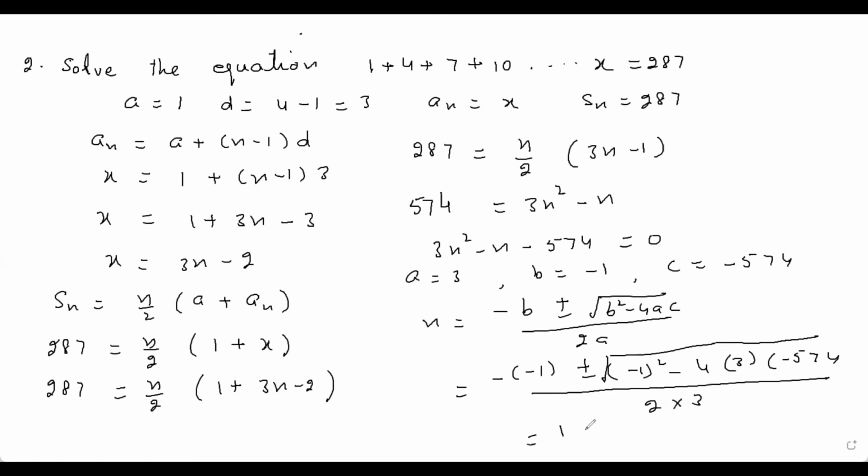This is equal to 1 plus minus square root of 1 plus 6888 upon 6. So n is equal to 1 plus minus square root of 6889 upon 6. This is equal to 1 plus minus 83 upon 6.